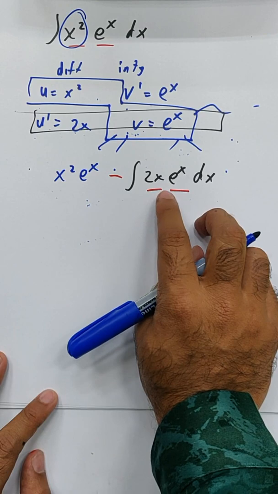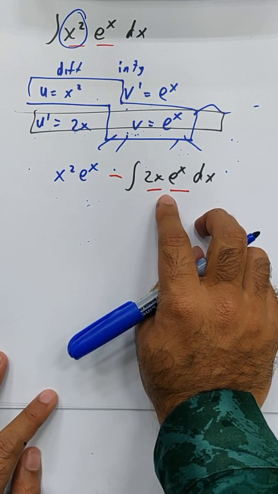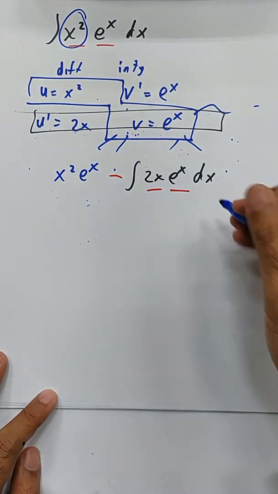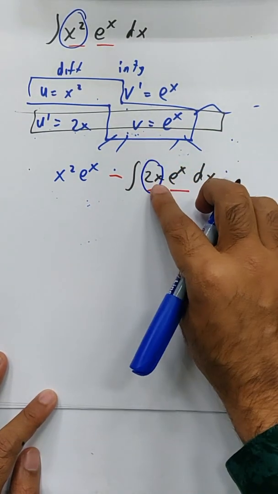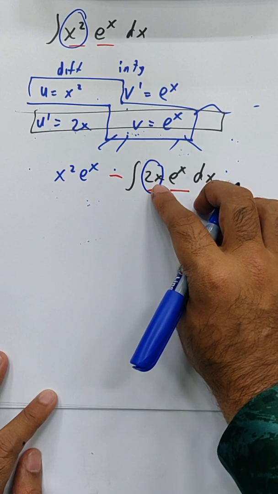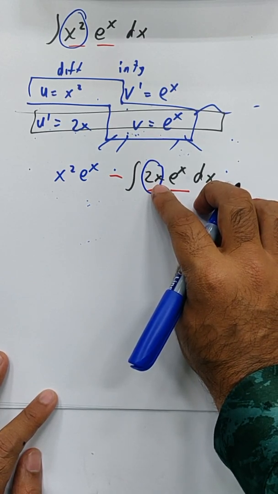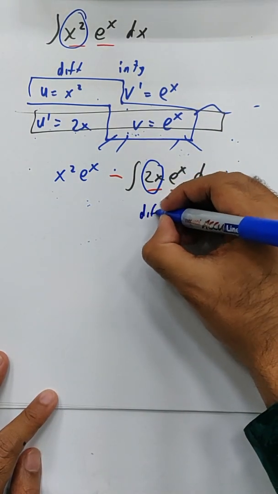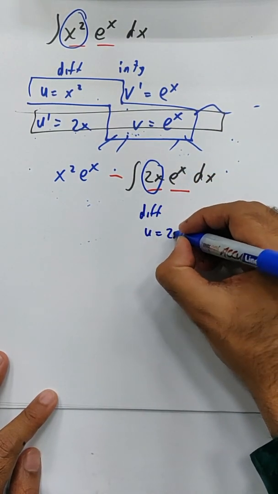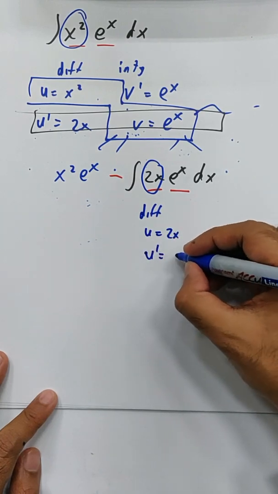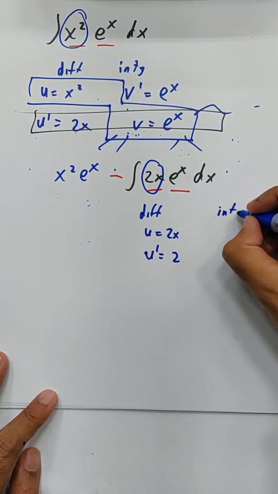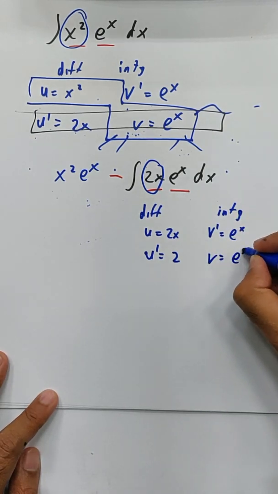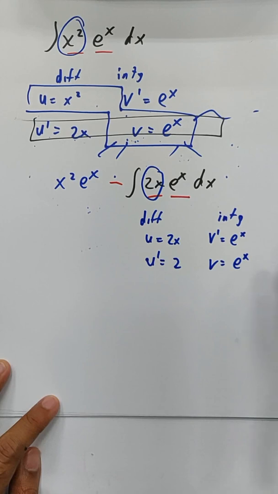Okay, so how should we continue from here? Which one should we differentiate? Differentiate 2x. Why do you want to differentiate 2x? Differentiate 2x, we get 2, which makes your life simpler. Okay, if you got the concept, it's good. So now if we differentiate 2x, we get 2, and we integrate e^x, we get e^x. Are you okay with that?